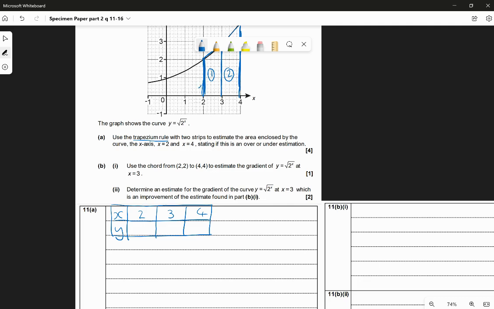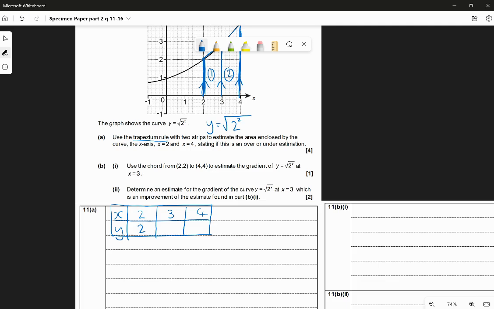The parallel lines on the trapezia are important because, as we all know, the area of a trapezium is half the sum of the parallel sides multiplied by the distance between them. That's how you calculate the area of a trapezium. So when x is 2, y is equal to the square root of 2 to the power of 2, so the square root of 4, which is 2.